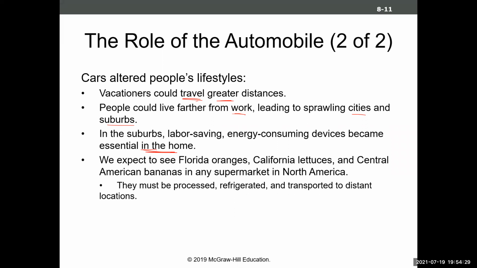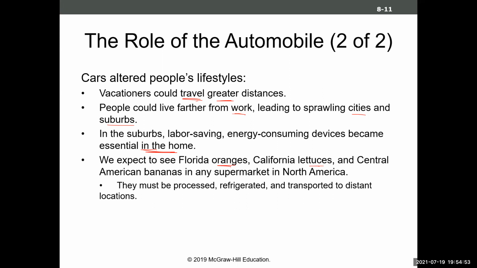And what's interesting is when you go to a grocery store, you expect to see oranges, you expect to see lettuce that come from different states. So for example, if you're in Idaho, you can get oranges that came from Florida. You can get lettuces and salad greens that came from the Salinas Valley.